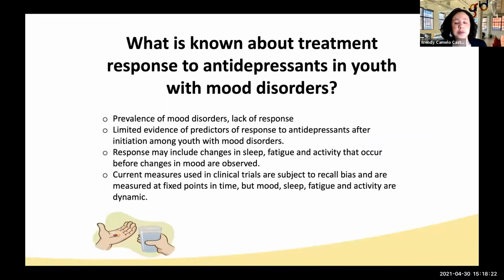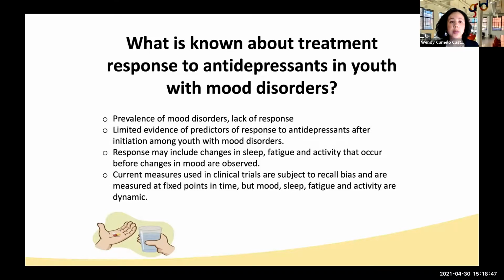Despite evidence from clinical trials, really little is known about which are the predictors of early response after initiation of antidepressants in adolescents. We know that only 30% of adolescents will respond within 12 weeks of initiation of treatment and will likely go into remission. But there's a 40% for which response is not achieved.